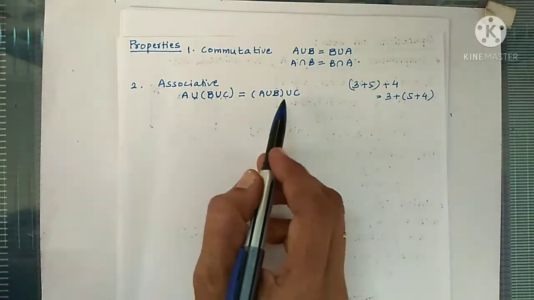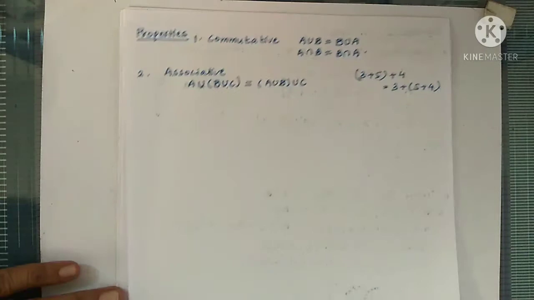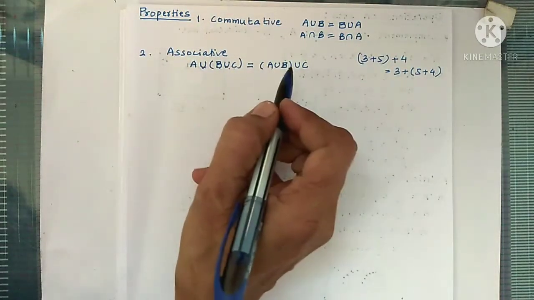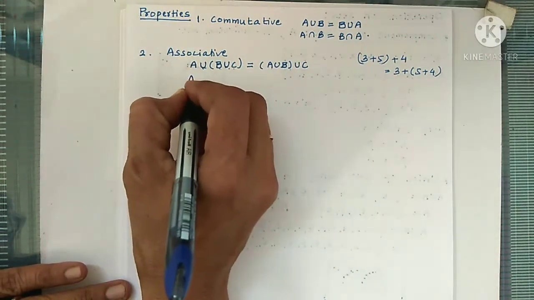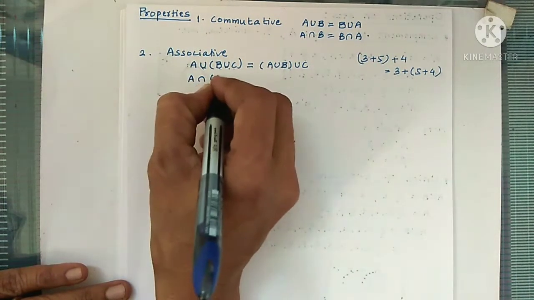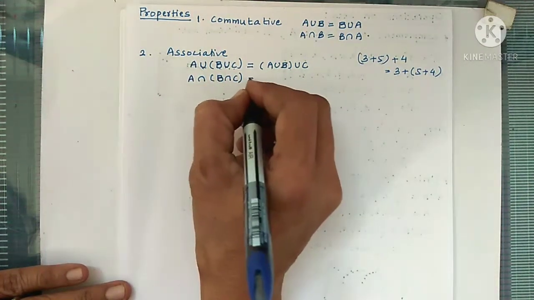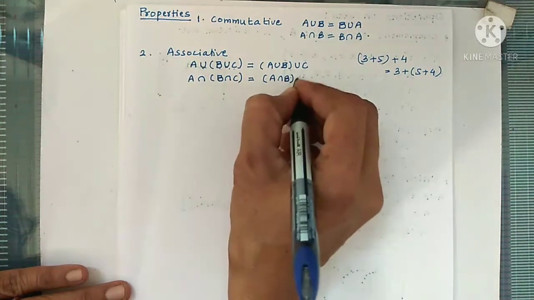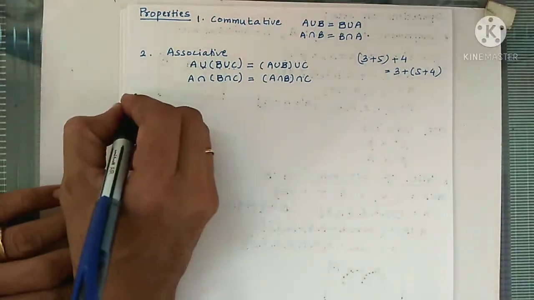So first we write down A union B and then the union with C. So this change of bracket does not change the meaning. Still we get the same thing. So that is known as associative property. Associative property for intersection is (A intersection B) intersection C is the same as A intersection (B intersection C). So this is associative property.